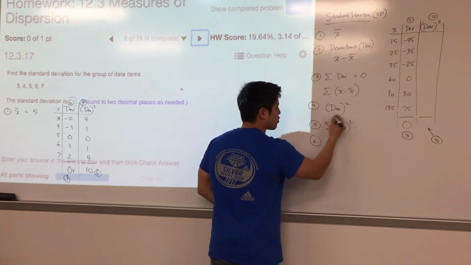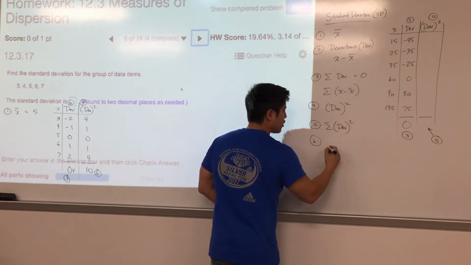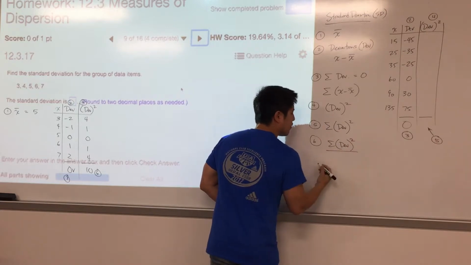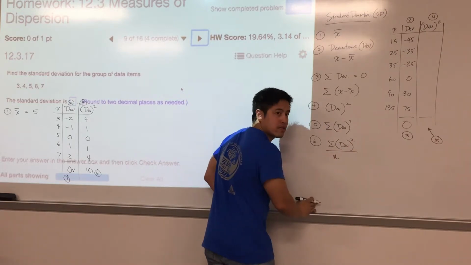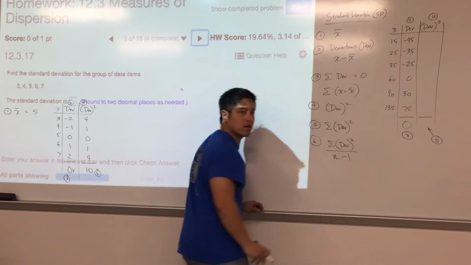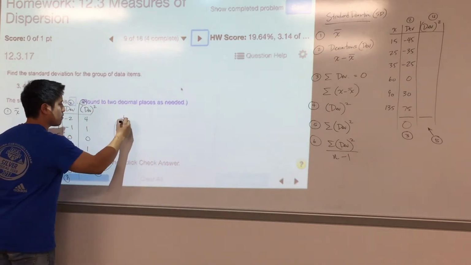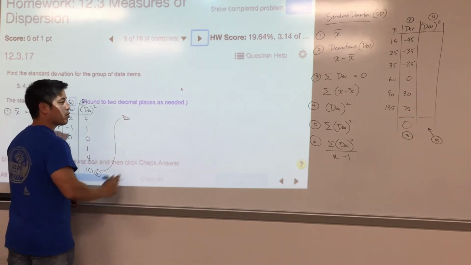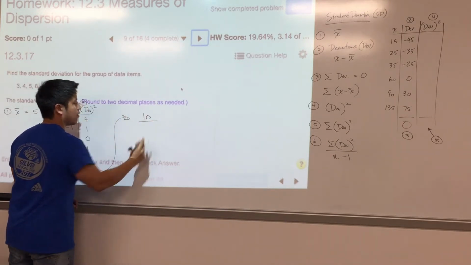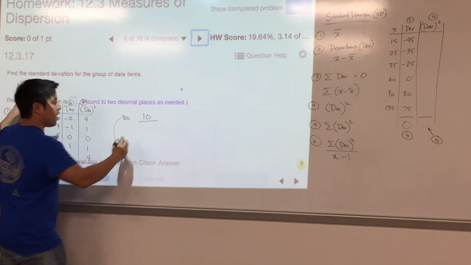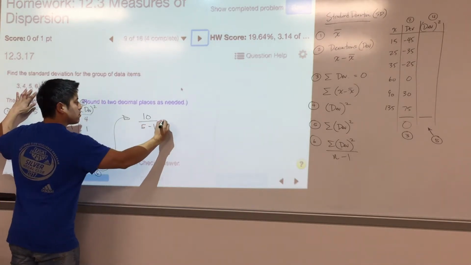You're going to take your answer from step 5, your sum of your squared deviations, and you're going to divide it by the number of elements in your data set minus 1. So let's come over here. We're going to take our sum of squared deviations and divide it by the number of elements, which is 5 minus 1.